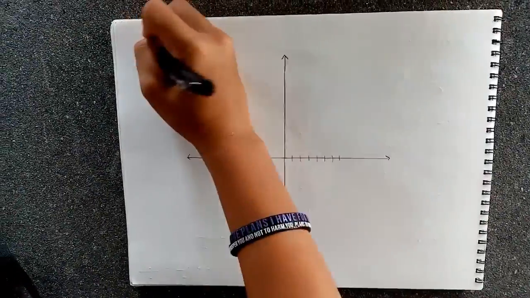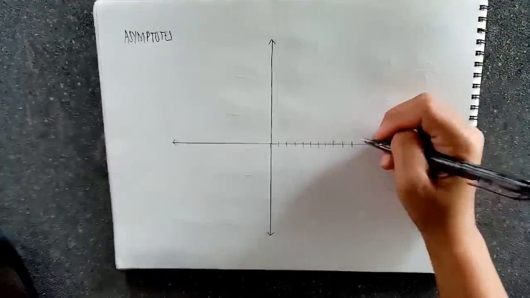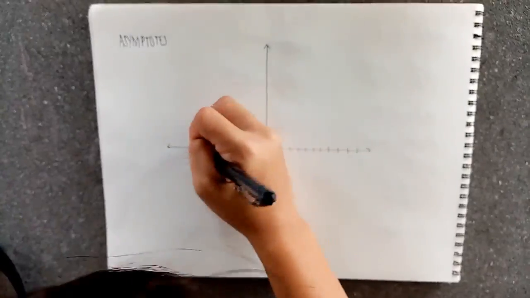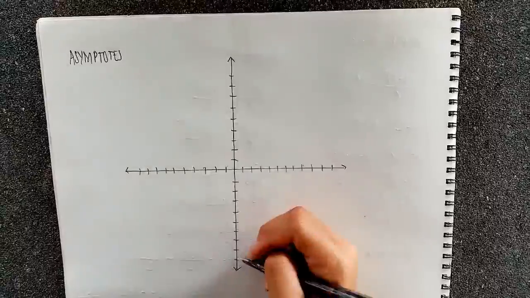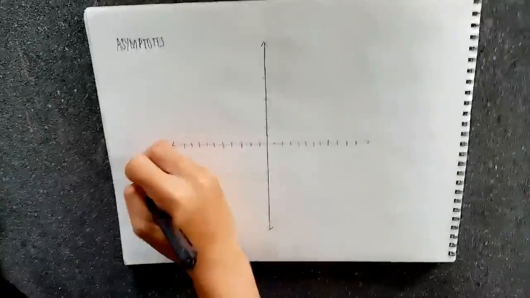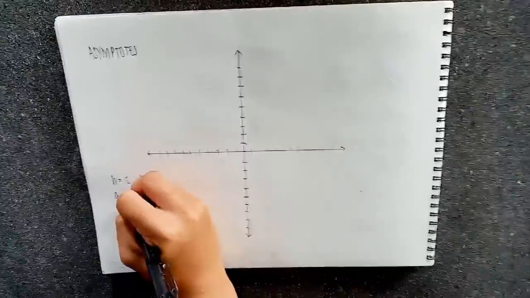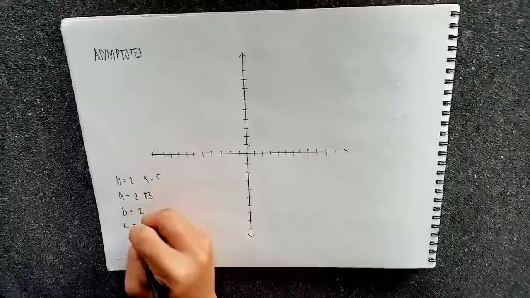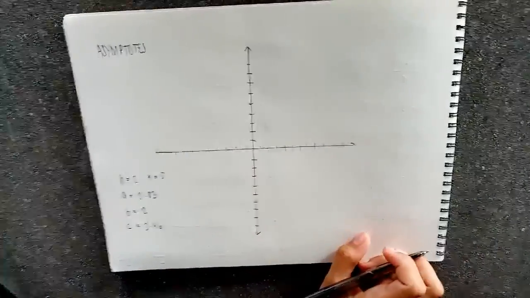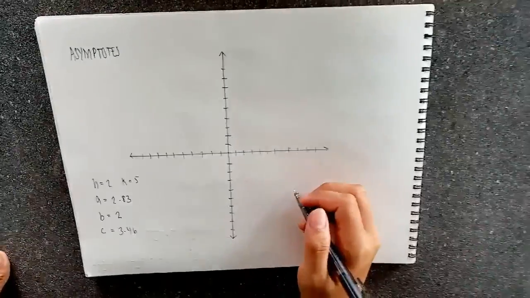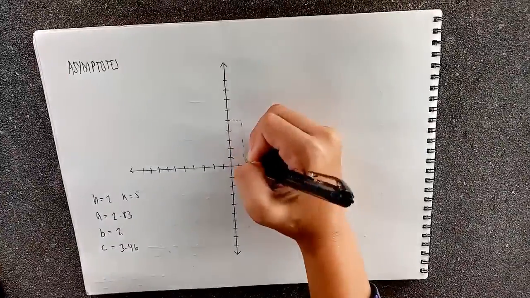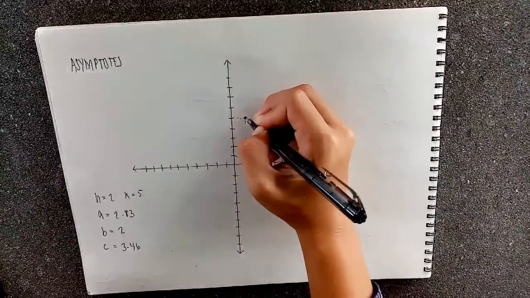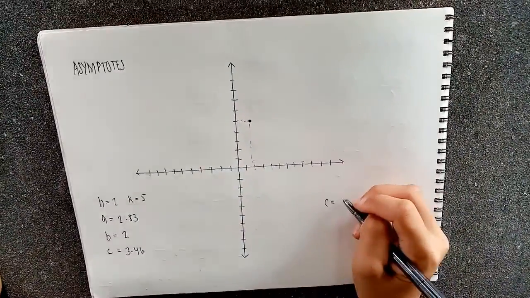Okay, let's start graphing. We have our graph, our x-axis, and our y-axis. So we have now our h and k, a, b, and c. First, let's find our center, 2 and 5.